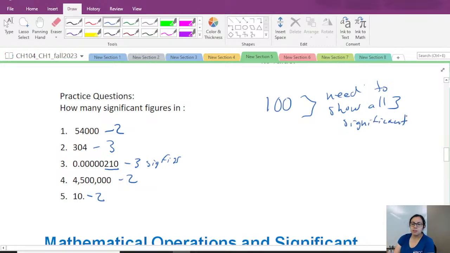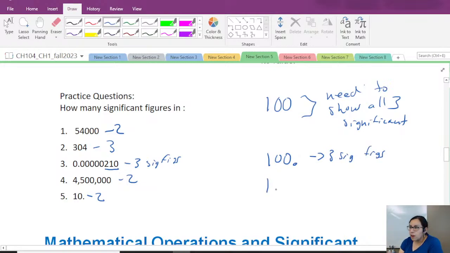There's a couple of ways to do that. Putting a decimal after the 0 shows that this is significant. But honestly, this is kind of ambiguous, and if you were to see this in text, you might miss it. So it's not often used. So this shows 3 sig figs.